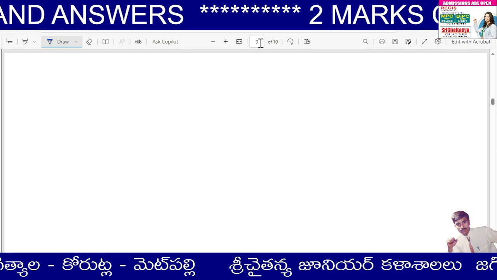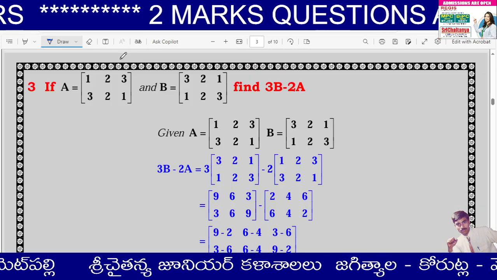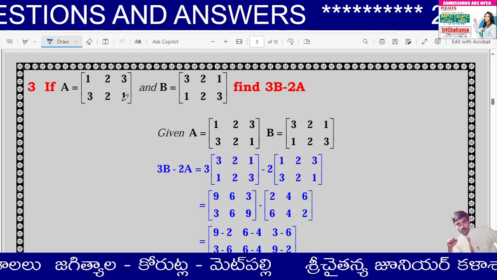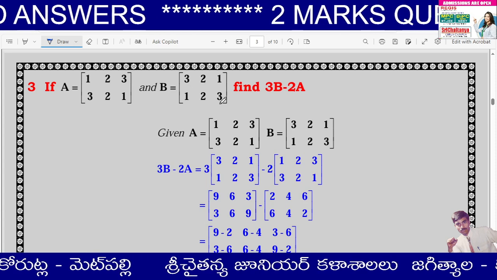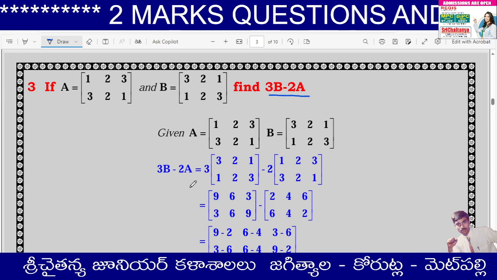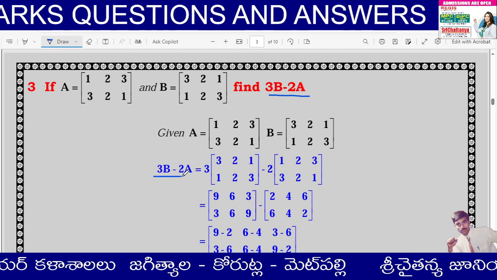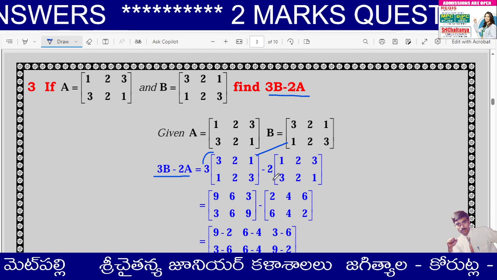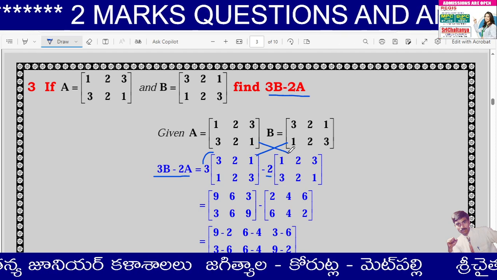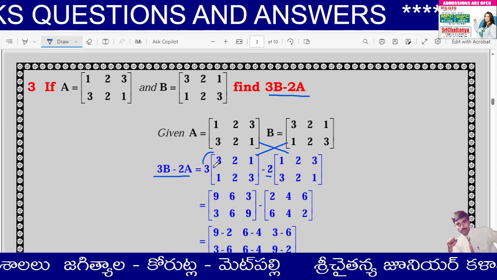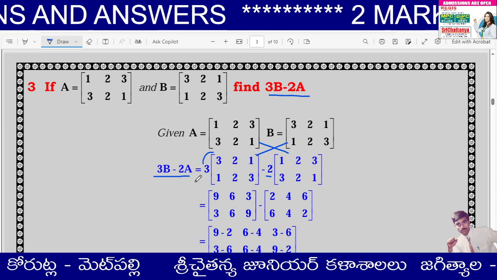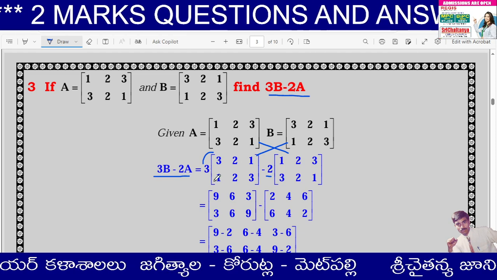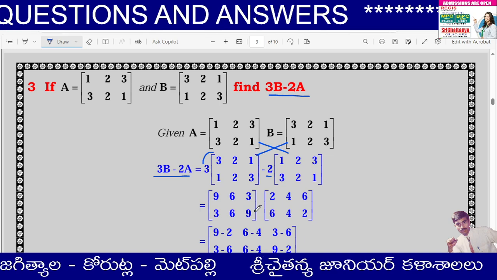Next, third question: if A is equal to 1 2 3, 3 2 1, B is equal to 3 2 1, 1 2 3, find 3B minus 2A. 3B minus 2A is equal to 3 times the B matrix minus 2 times the A matrix. Multiplying the B matrix by 3: 3 3s are 9, 3 2s are 6, 3 1s are 3; 3 1s are 3, 3 2s are 6, 3 3s are 9.